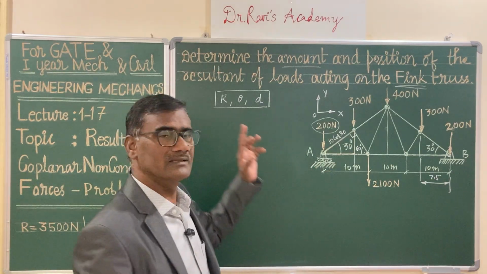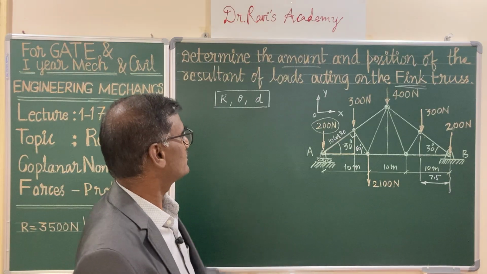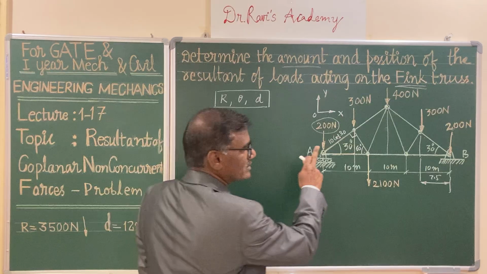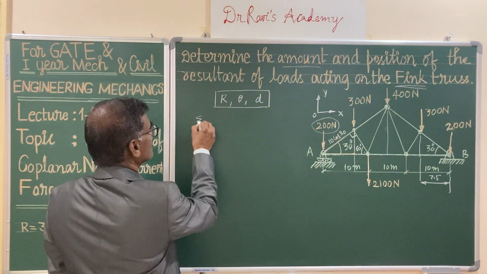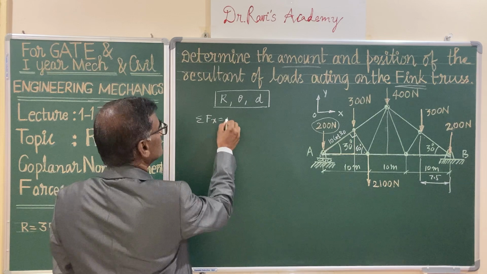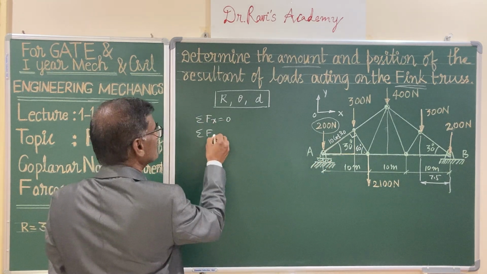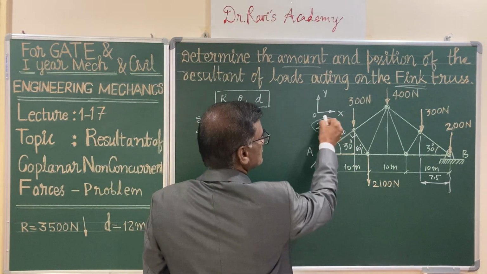So to determine the magnitude of the resultant force, let us write down the expression for sigma Fx and sigma Fy. There is no horizontal component in this particular problem, so obviously your sigma Fx will be 0. And let us write down sigma Fy, the sum of the forces along the y direction, and the notation is standard xy.